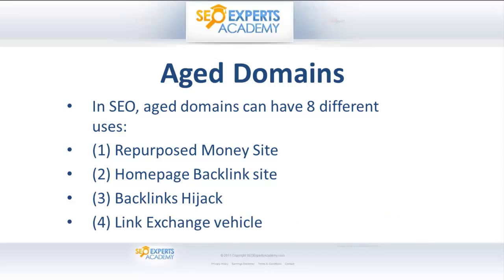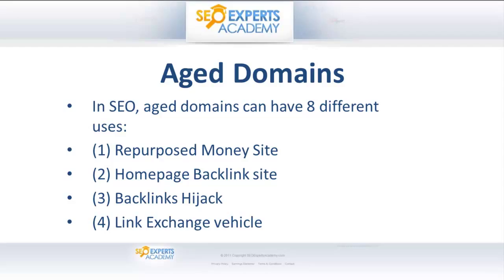You can also use your age domain as a link exchange vehicle. On Digital Point, for example, and at backlinksforum.com, you'll find people there willing to swap links on their pages with PageRank in exchange for links on yours.